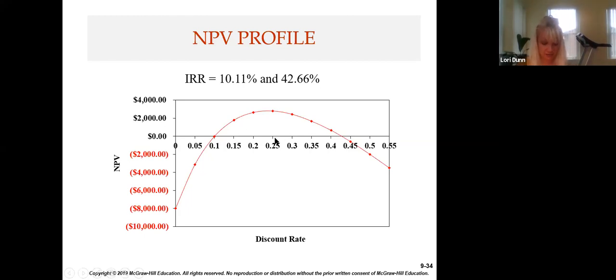Let's use that now. So you can do each of these calculations in your calculator or utilizing Excel. But when your sign changes, you should go through this exercise and plot this and find out where is my range of internal rates of return.